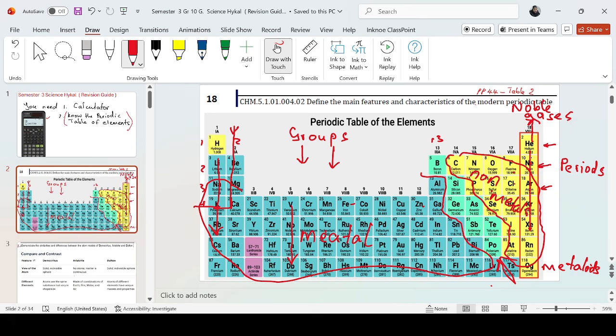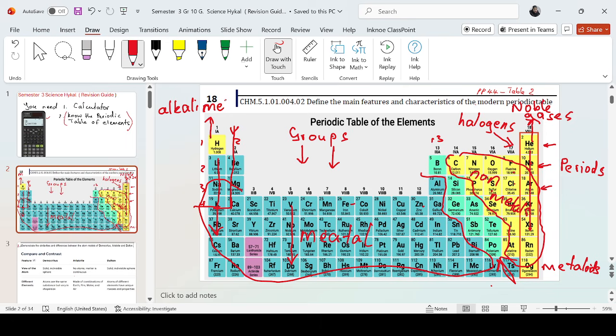When we come to group 17, these are called what? Halogens. We can talk a lot of things on this periodic table. These are some of the features. Group 1, alkali metals.